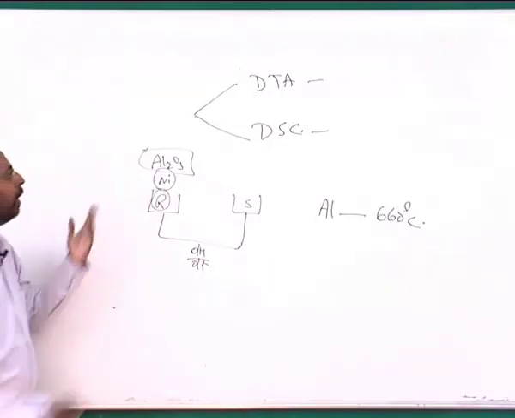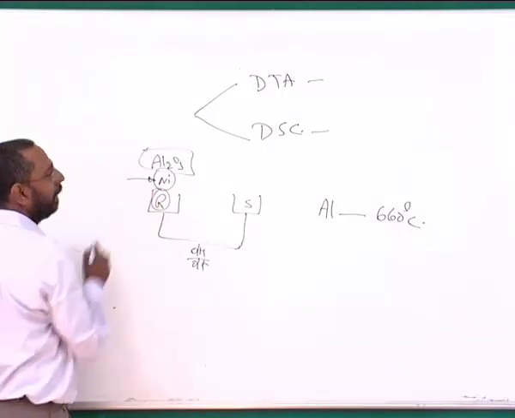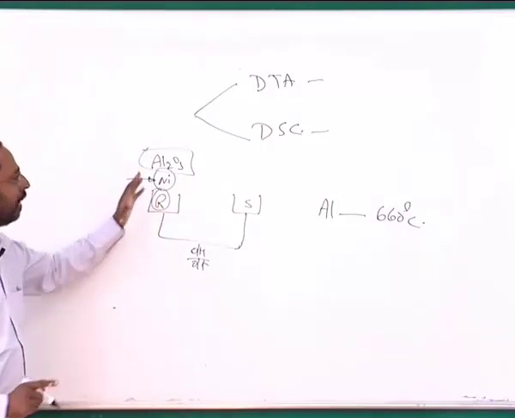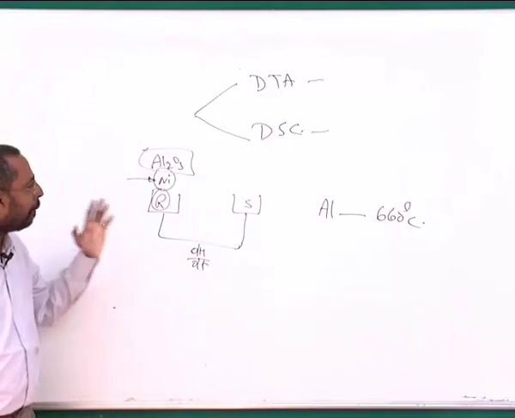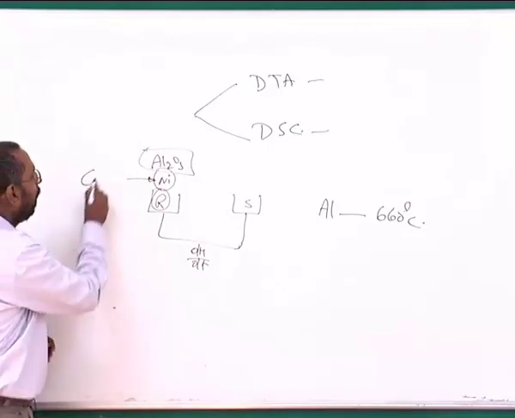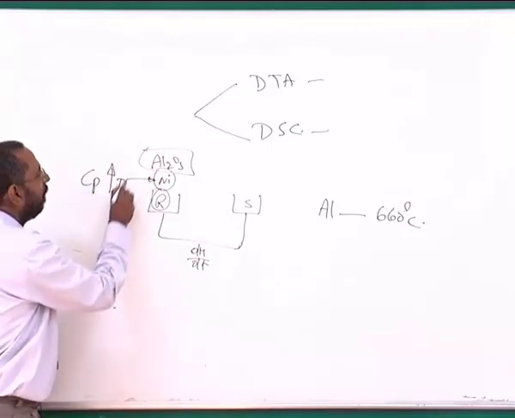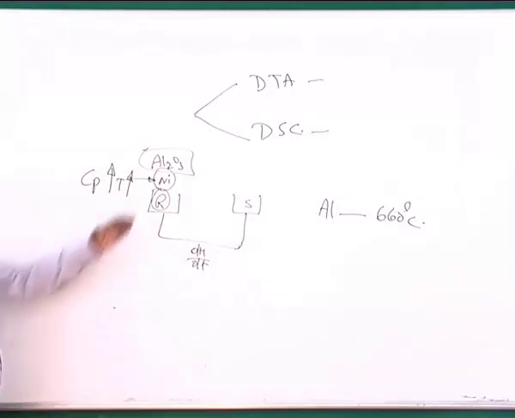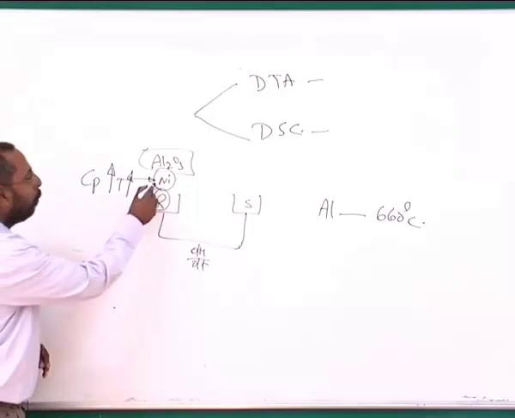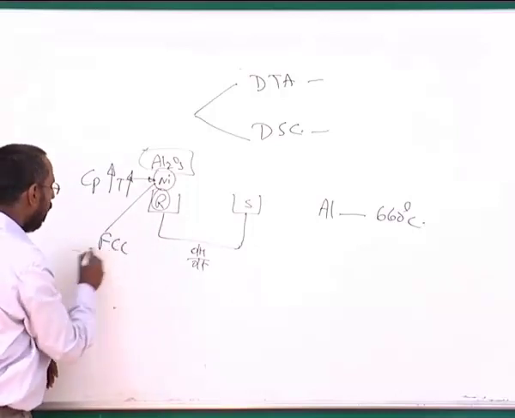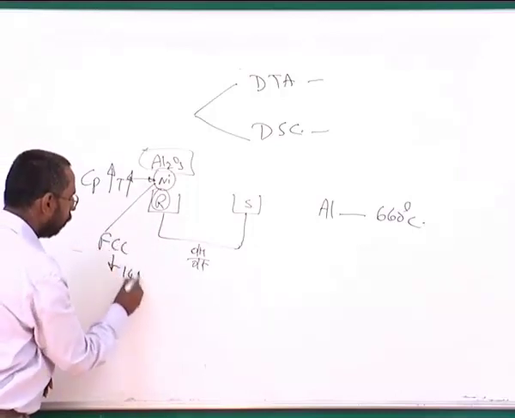Up to the melting point it is FCC, accepting one difference, that the Cp is changing as a function of temperature. Other than that, there are no other phase transformations in this material. Up to the melting point it is only FCC, and this melting point is about 1450 for nickel.